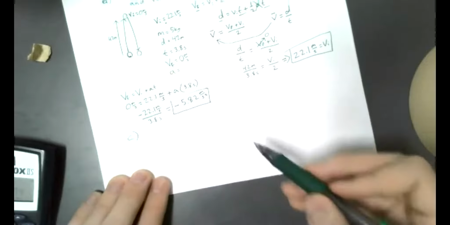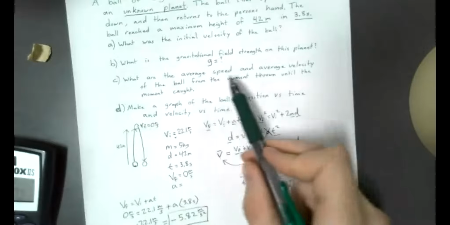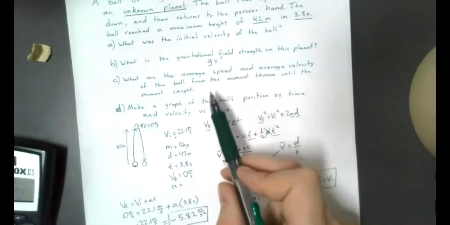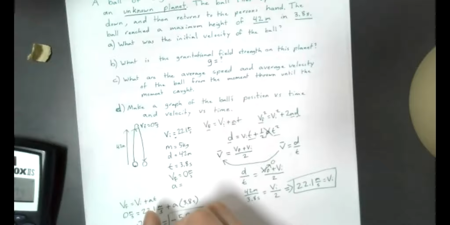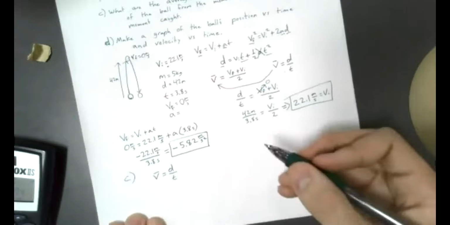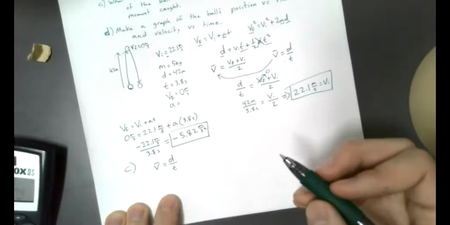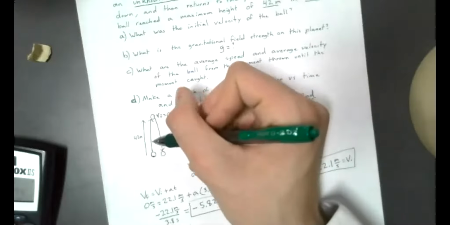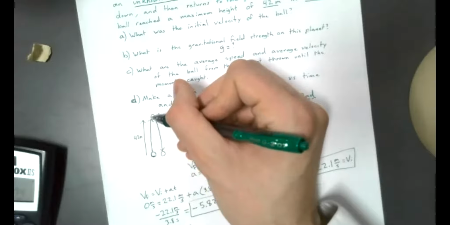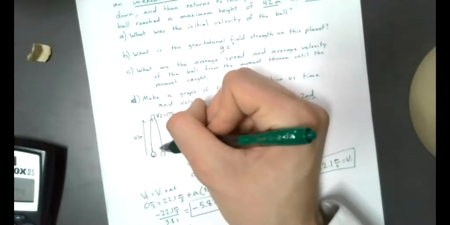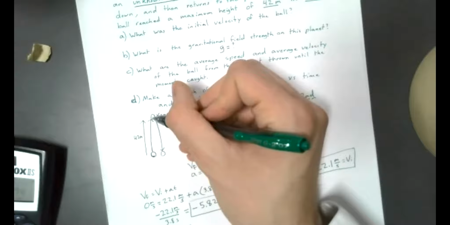For C, we're looking for the average speed and average velocity of the ball from the moment thrown until the moment caught. So we're looking at this equation again. First, let's do average speed. I know that it's traveling 42 meters to the top, and it's going to take 3.8 seconds to get there.